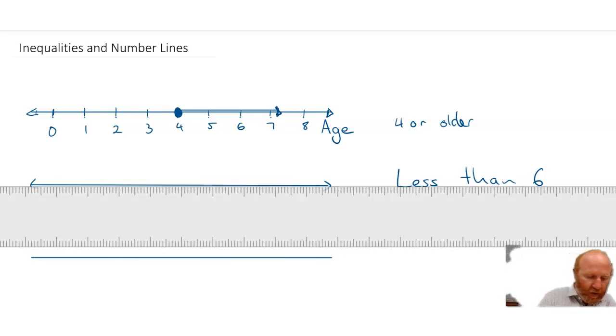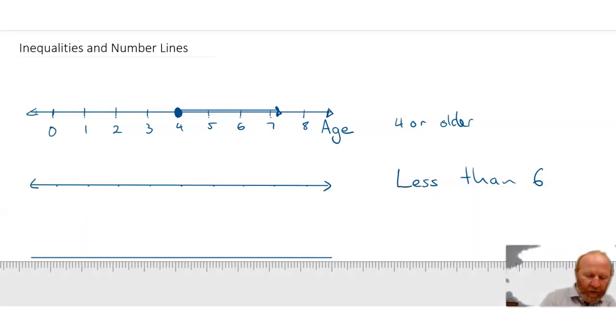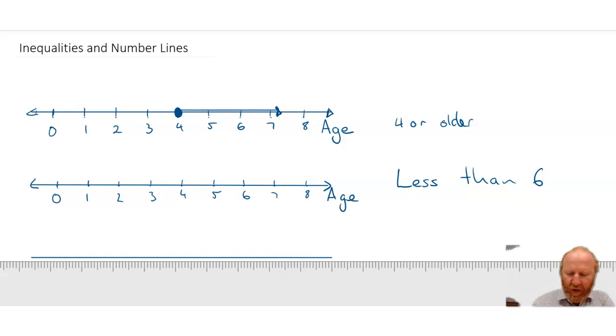So we go in and we can put our numbers in and nice and evenly mark up our number line. And 0, 1, 2, 3, 4, 5, 6, 7, and so on. Once again, what we're measuring here is age.